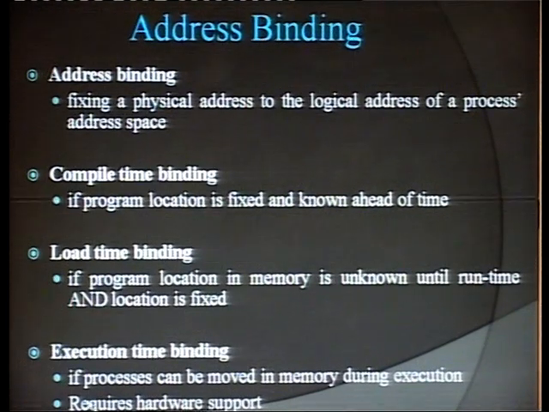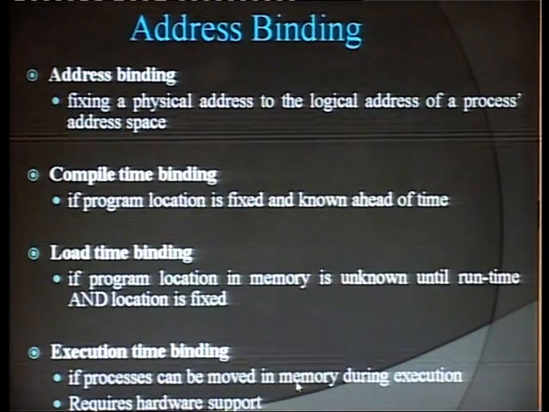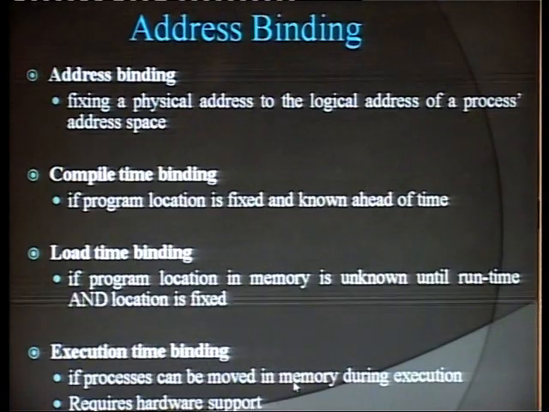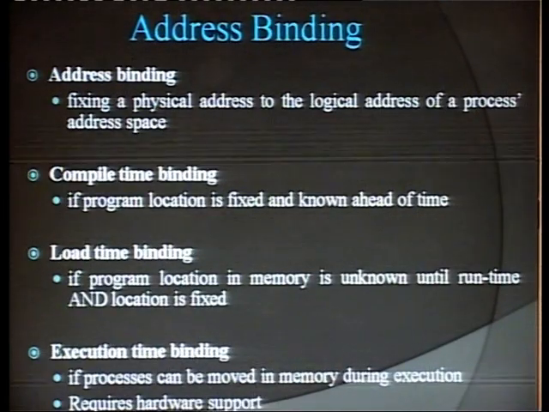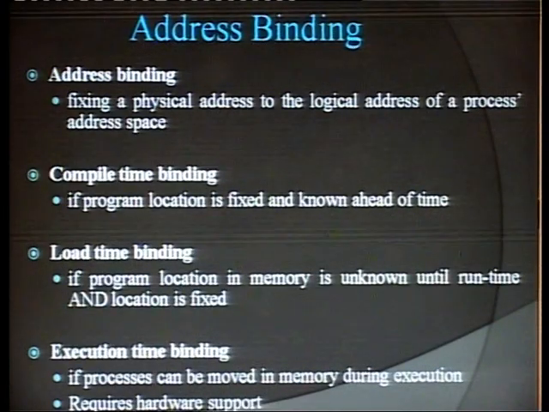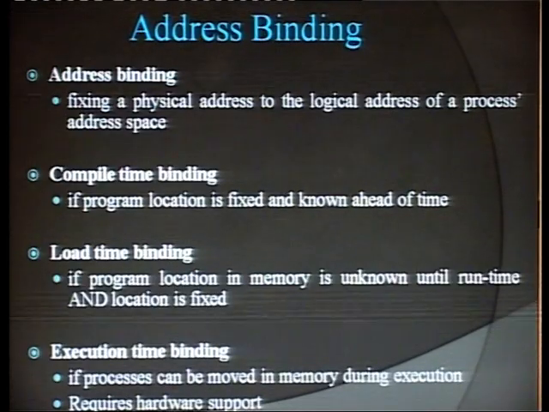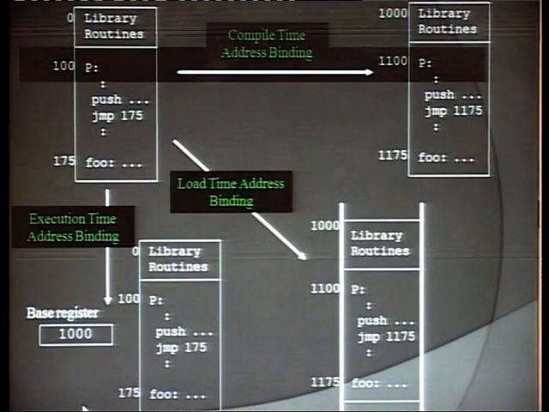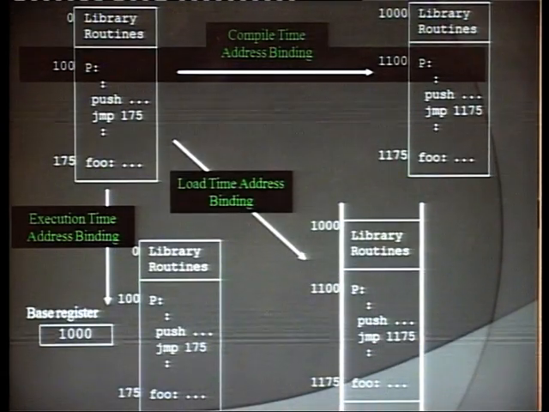Execution time binding is used if processes can be moved in memory during execution. That means our process residing on the disk can be moved into memory during execution. It requires hardware support. So there are three types of binding we are showing.